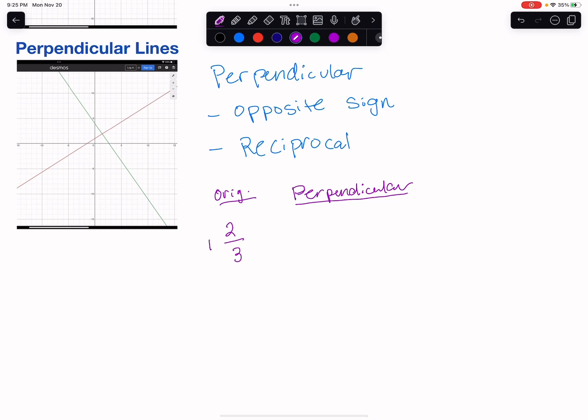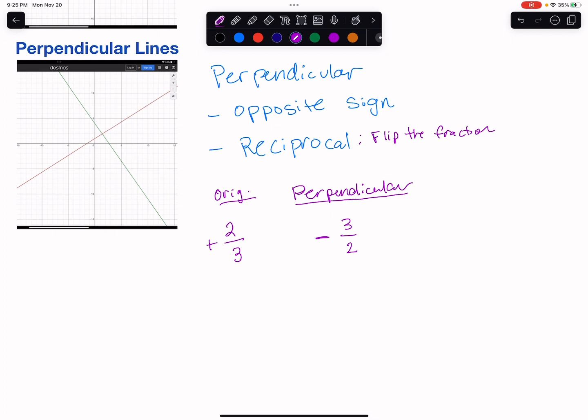So since this sign over here is positive, the slope of my perpendicular line will be negative. And reciprocal just simply means flip the fraction. So if my initial fraction was 2/3, my new fraction is going to be 3/2. This is a sign for perpendicular.